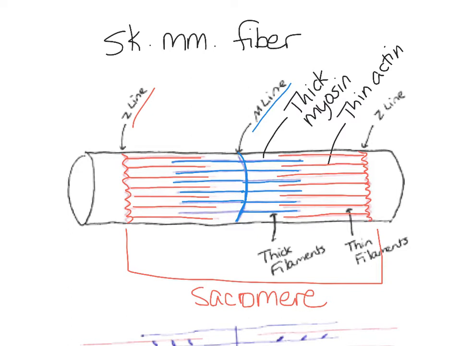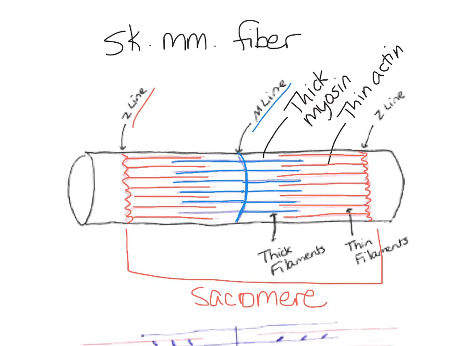There's another M line. And there can be hundreds of these sarcomeres on one muscle cell, right? So they're adjacent to each other all the way down that cell.